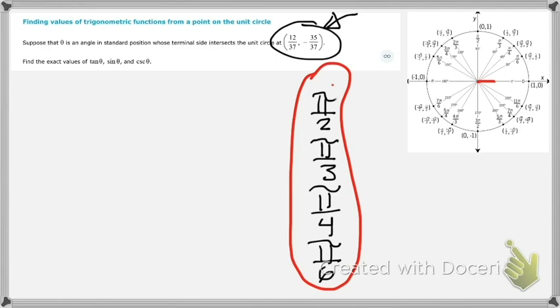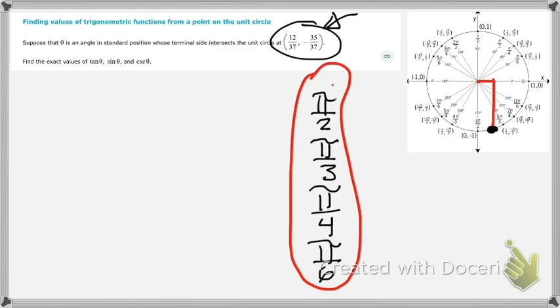And the y coordinate is really close to negative 1, negative 35 over 37. So if I go down here, there's the point. The point that this is referring to is somewhere around here.